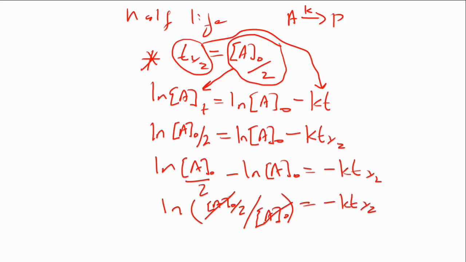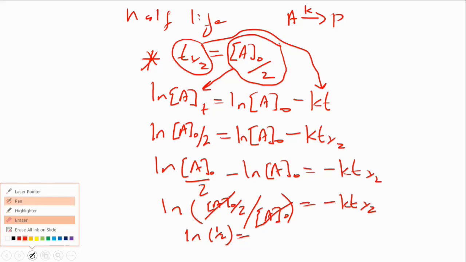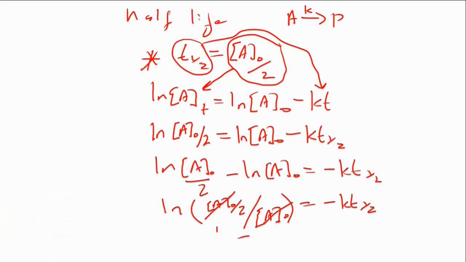Okay, and so what we have now, cancel with that one. That might look a little weird because what we have is A naught over 2 divided by A naught, but it is almost like flipping around and multiplying, so the cancellation can really happen. So what we have left inside here is ln of a half. Let me fix this a little bit, it's starting to get messy and hard to see.